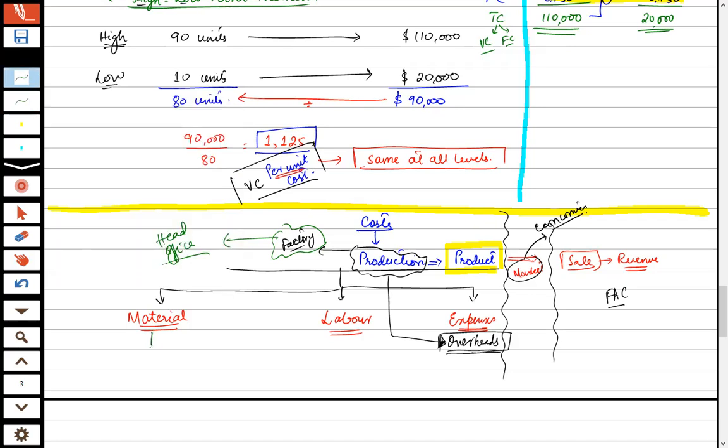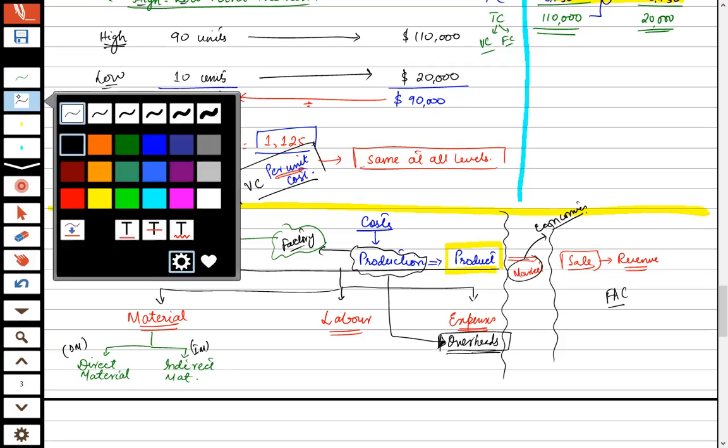Materials are further classified into two things. One is direct material, and obviously the second would be indirect material. Their short names are DM and IM. Similarly, labor. What is the difference?